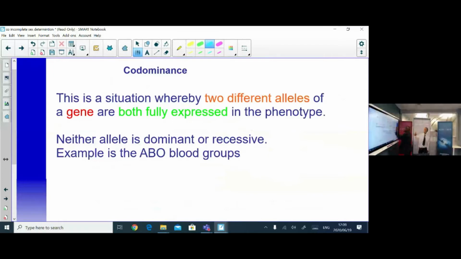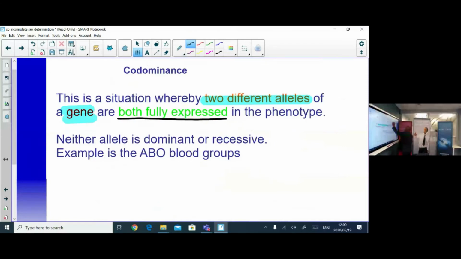In codominance, the two different alleles of a gene are both, and I always want to emphasize it, fully expressed in the phenotype.